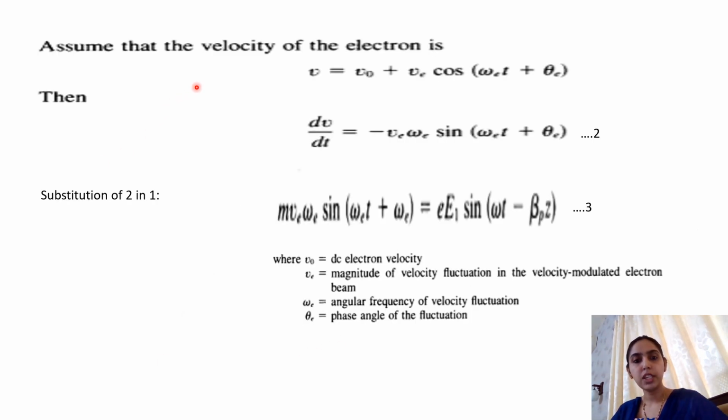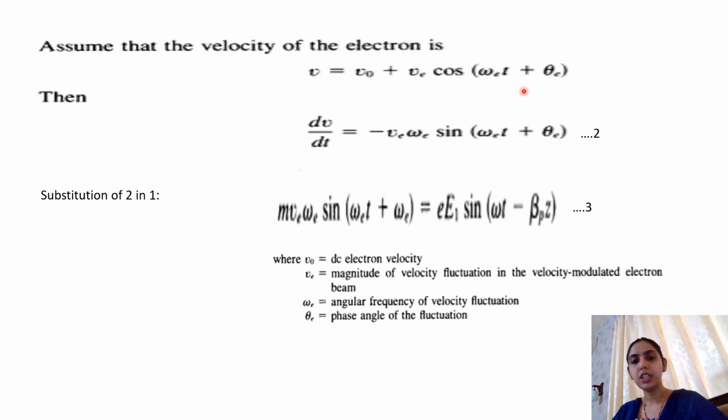Now, by assuming that the velocity of the electron is v0 + Ve cos(ωe t + θe), that is, we are having an electron beam interaction inside the tube. So the initial DC velocity we are assuming to be small v0, that is the DC electron velocity, and the other fluctuation as a cosine component of the wave.